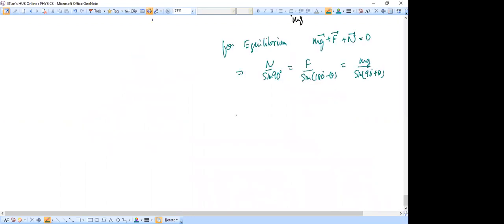So N will be equal to F by sine theta, which will be equal to mg by cos theta, and theta is equal to 37 degrees. So N will be equal to F upon sine 37, which is 3 by 5, which will be equal to mg upon cos 37, which is 4 by 5.